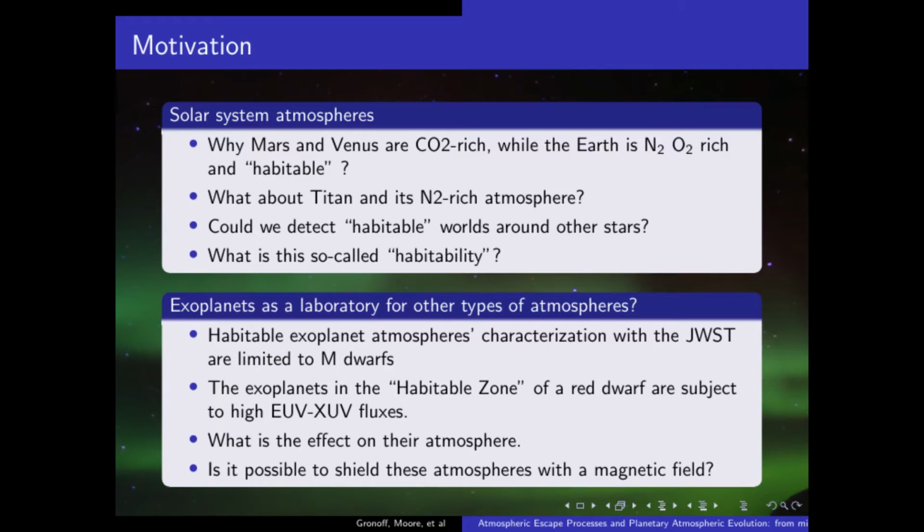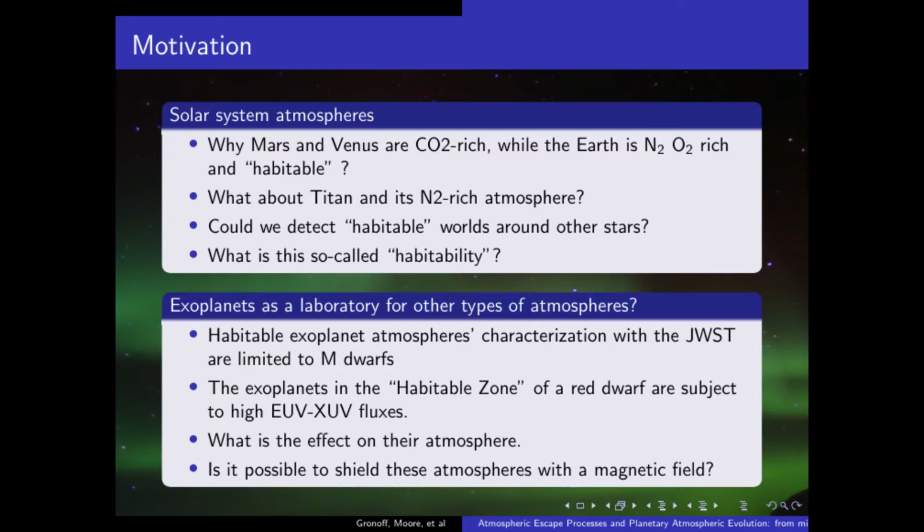So is it possible to detect habitable worlds around other stars and to characterize them? When we work with the JWST, it's a problem, because for reasons of signal to noise ratio, we will only be able to characterize the atmosphere of exoplanets around M dwarfs.